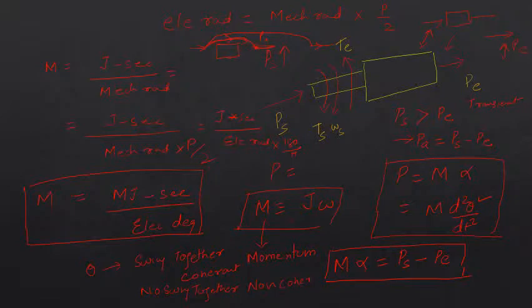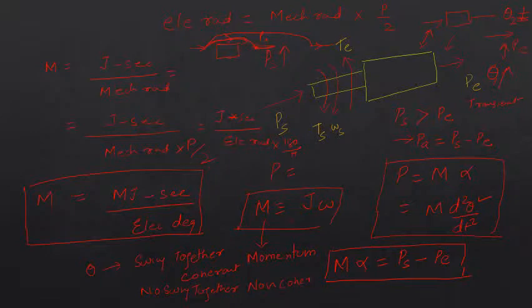Now what happens if you increase the electrical side, you increase the mechanical side, but the delta or acceleration of one of the machines increases while the other does not change, or remains constant?